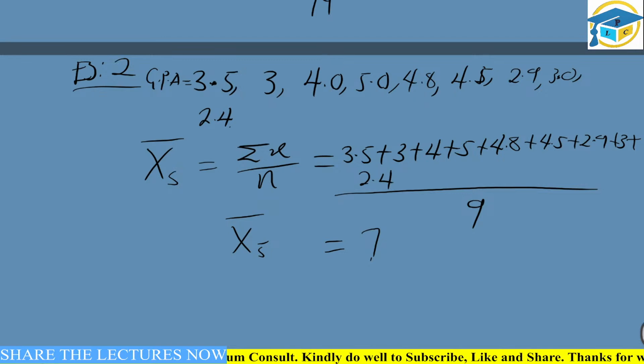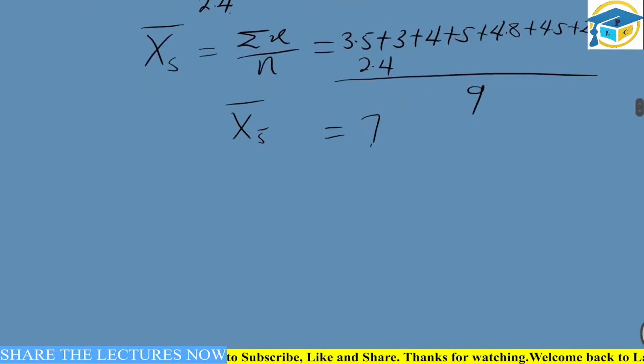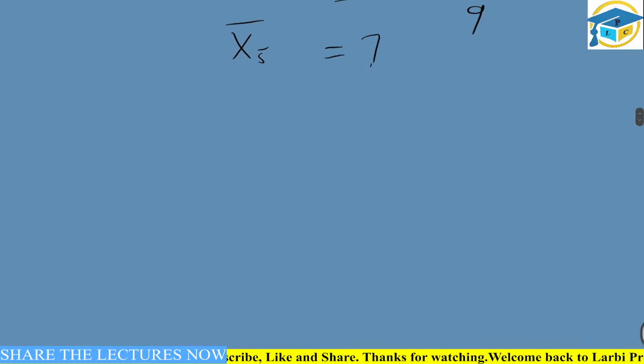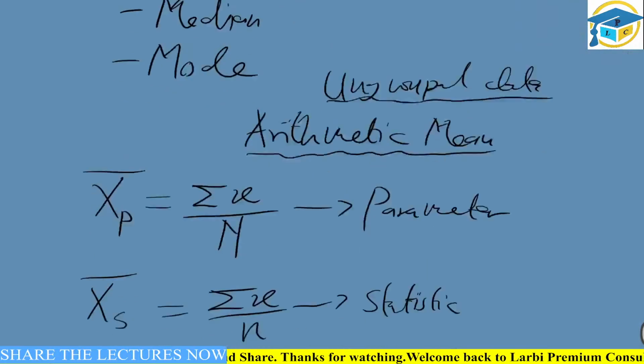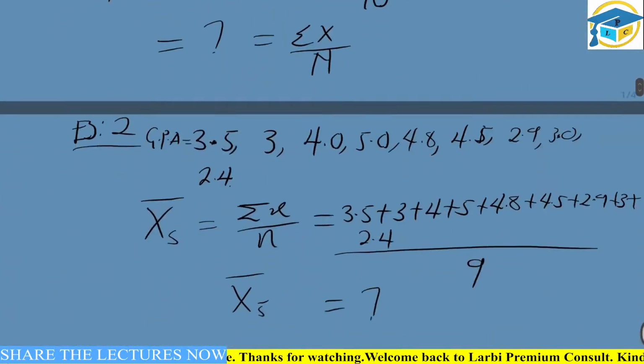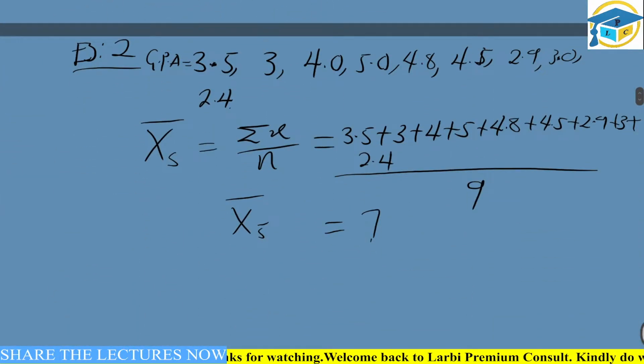So let's continue. That is how we find the arithmetic mean for population, and then that of the sample. So let's move on to the next thing, the weighted mean. The weighted mean has to do with finding the average of a set of data with their corresponding weights and then dividing by the total weight.